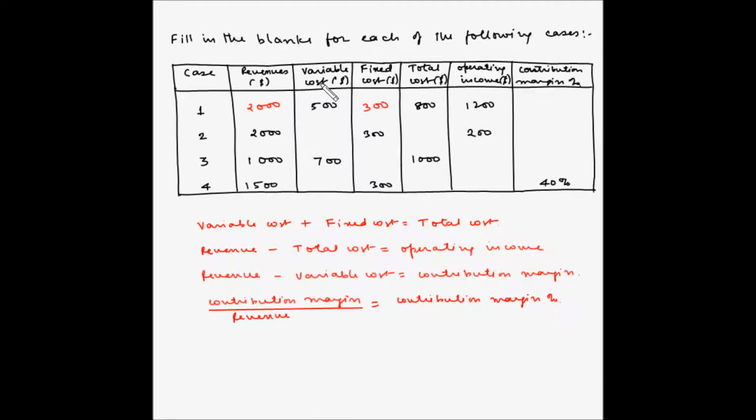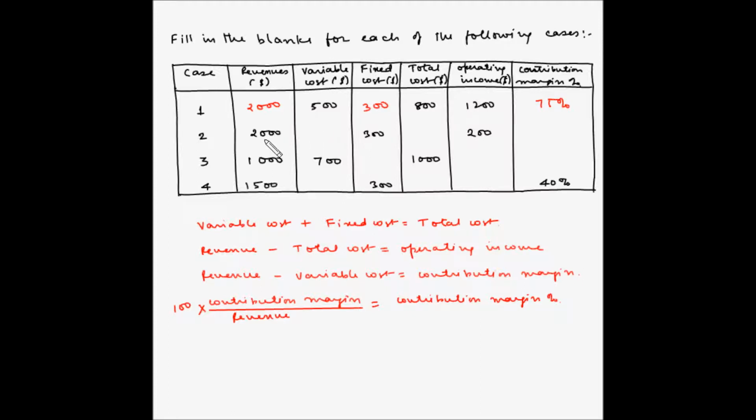So revenue minus variable cost is 2000 minus 500, which is 1500, and the revenue is 2000. So 1500 divided by 2000 is 0.75, and 0.75 multiplied by 100, because we want this ratio in percentage. The contribution margin percentage is 75%. So here actually this is the contribution margin ratio, and we need to multiply this by 100 to get the percentage.